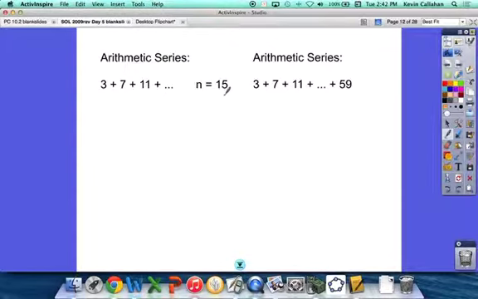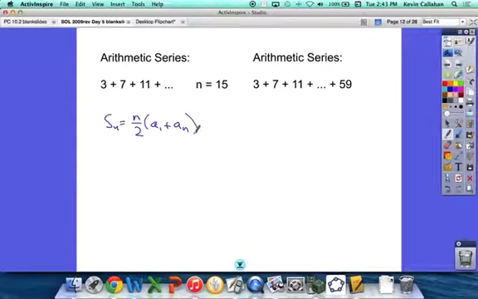That means add up the first 15 terms. You can only add up a finite number of terms with an arithmetic sequence or series, right? So the formula, which you have on the sheet, is S sub n. That's finite. Sn equals n over 2 times a1 plus an.